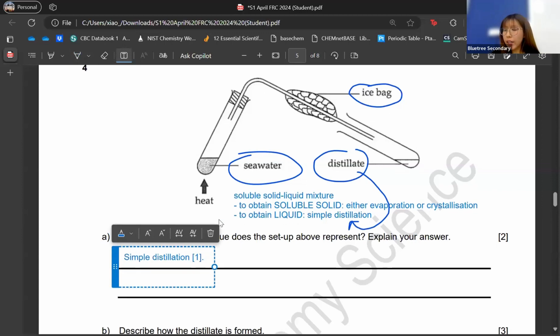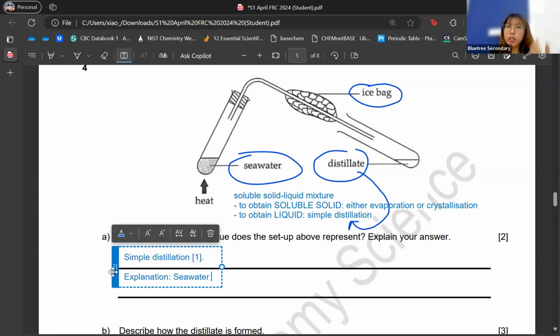So here comes our explanation. How do I know that it's a simple distillation? If you recall how we discussed, what allows us to obtain the answer is based on our understanding of seawater. So first we tell the marker what we analyzed about seawater.